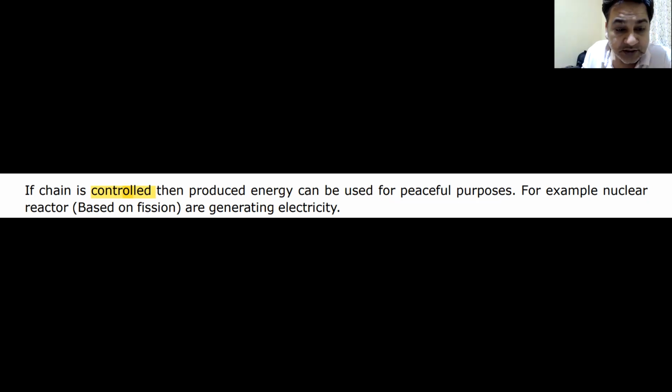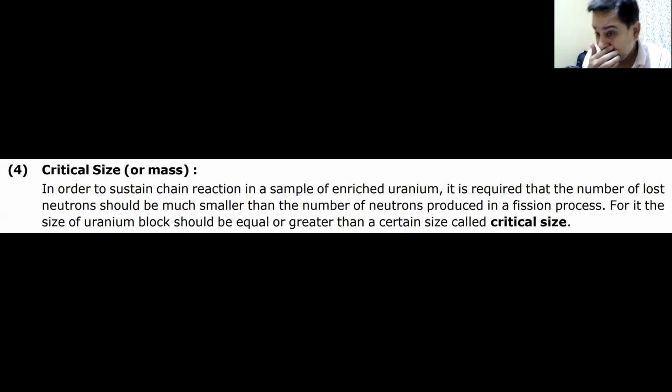Okay. Then again, an important point, and I've seen questions coming on this critical size. What is this critical size? Now, when this nuclear reaction is happening, one neutron in a nuclear reaction is producing 3 neutrons.